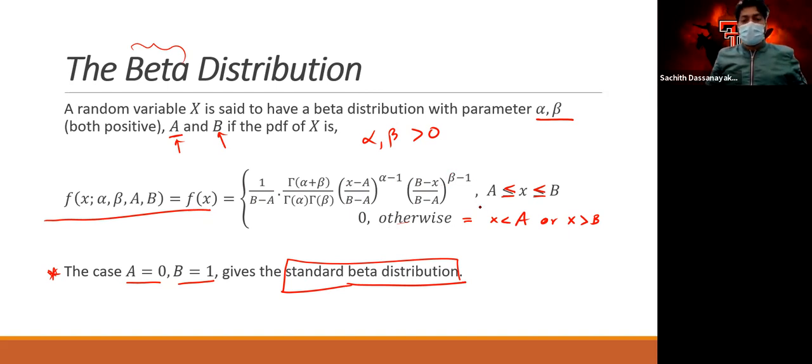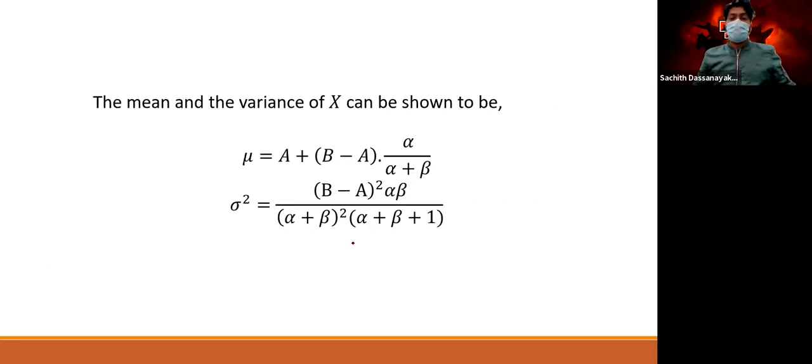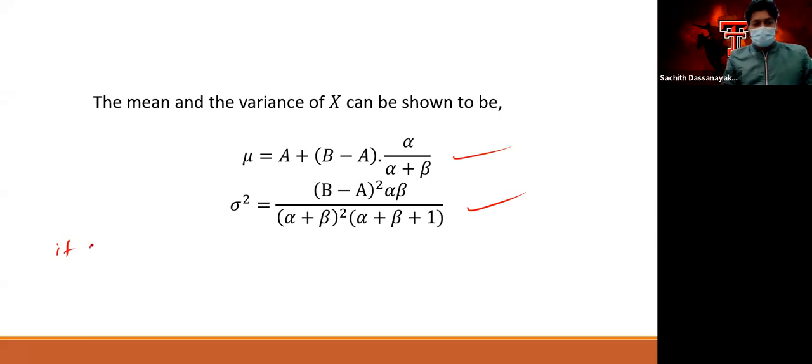You can simplify it. That one we call the standard beta distribution. So mean here, variance here. Try to use these without worrying about how to derive them. Just use this one.